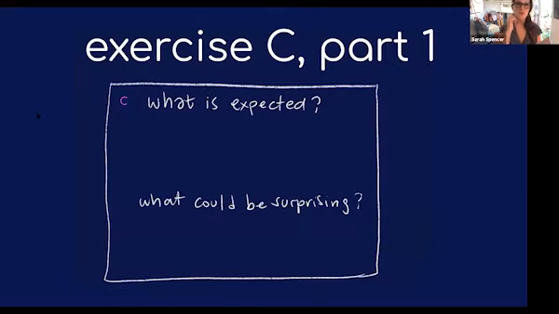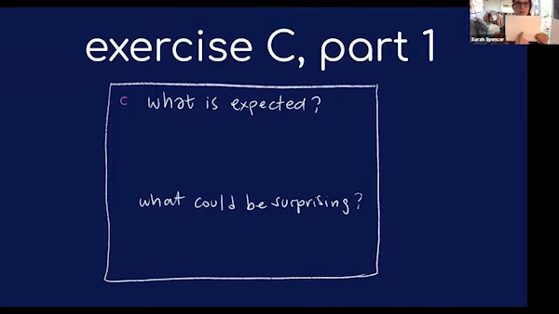So what we're going to do now is another exercise, and we're going to talk about what's expected. Take a third piece of paper, and you're not going to fold it this time. It's just going to be flat. On the top, you're going to write, and you can put a C with a circle, this is worksheet C. And this one at the top is going to say, what is expected?